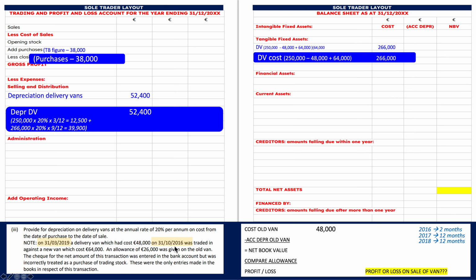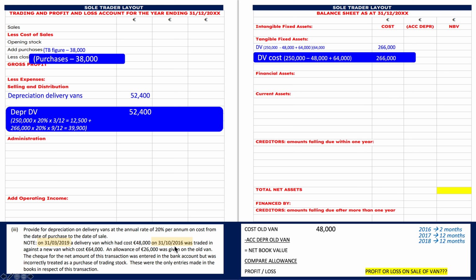So to work out the accumulated depreciation on that old van, it's 48,000 by 20% by 29 over 12, which is €23,200, giving us a net book value at the time of sale of €24,800 there. We'll compare that then to the allowance of 26, and fortunately they got more than what it was worth.